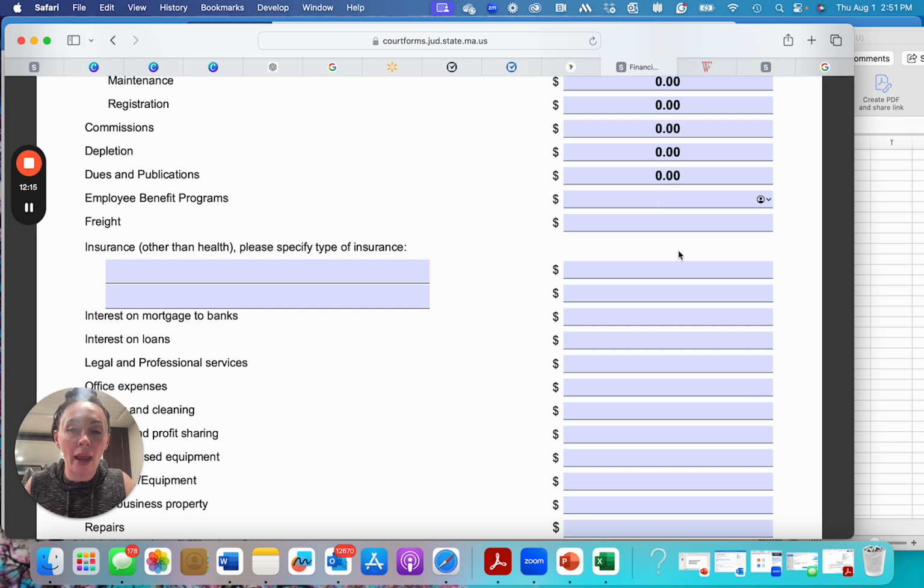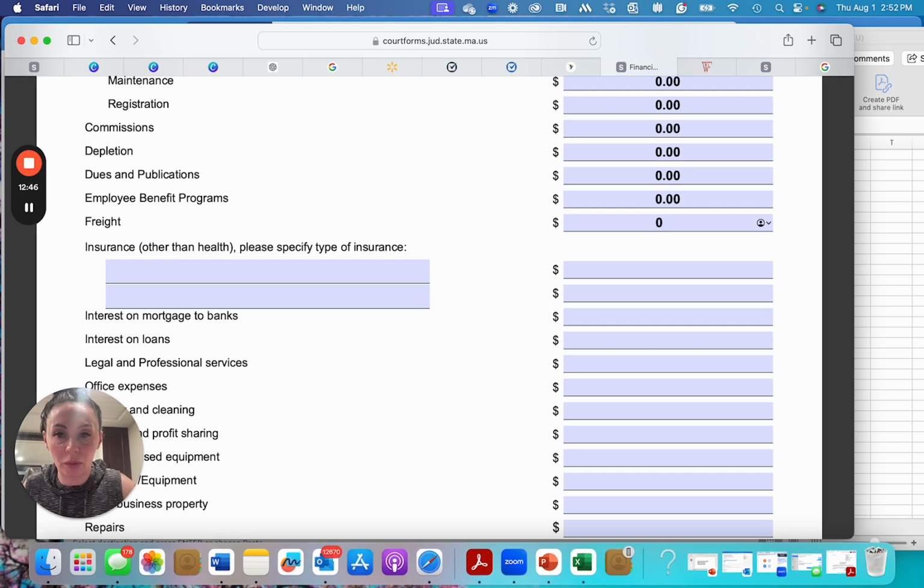If you have employees and you're paying any sort of a benefit program for them, that needs to get averaged out for the window of time that we're talking about, year to date, if that's what we're doing. And it gets reported on this line. This is a pizza shop. They don't have any employee benefit programs, really. All right. Freight. If this was a shipping business, there would probably be a freight cost here. But again, here, not applicable in our example.